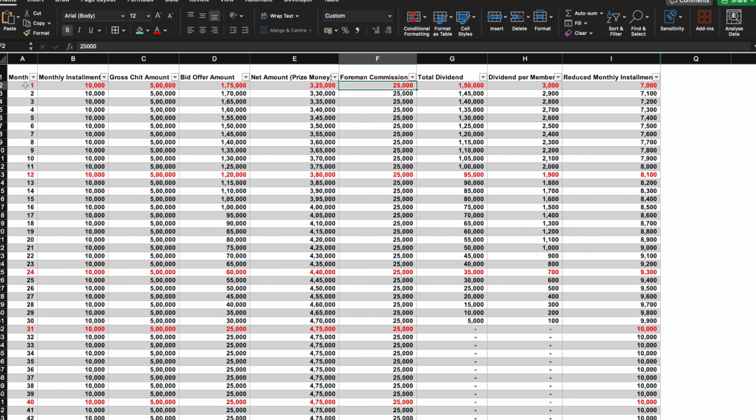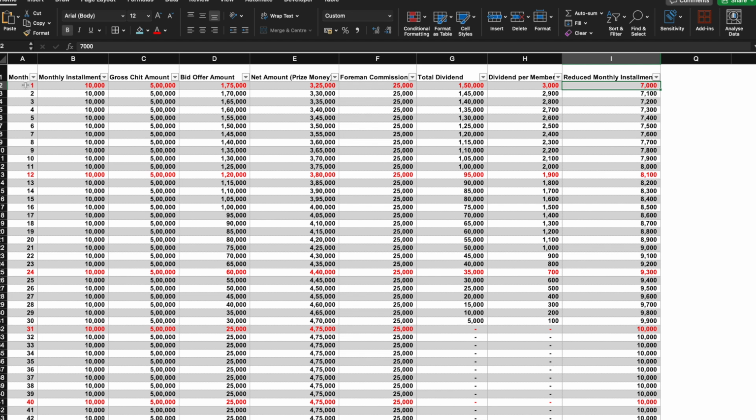So the 1 lakh 75,000 is further reduced by the commission of the foreman, and then the balance, which is 1 lakh 50,000, is distributed among the 50 members, so each member is entitled to 3,000 rupees. So the member, including yourself, for the month is supposed to pay only 7,000.